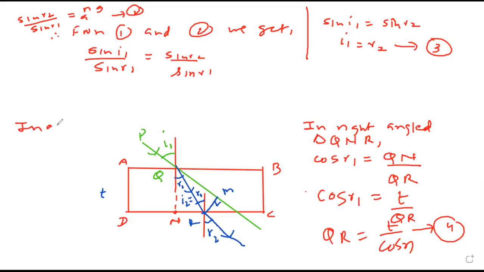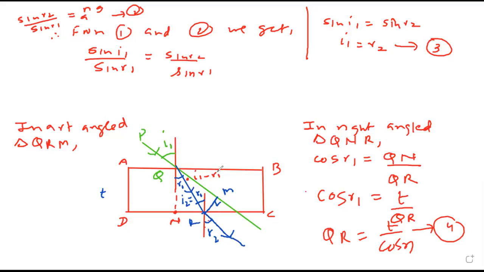Then in right angled triangle QRM, this angle is R1. What will be this total angle? This total angle is how much? I1, no? Yes. So only this much will be what?